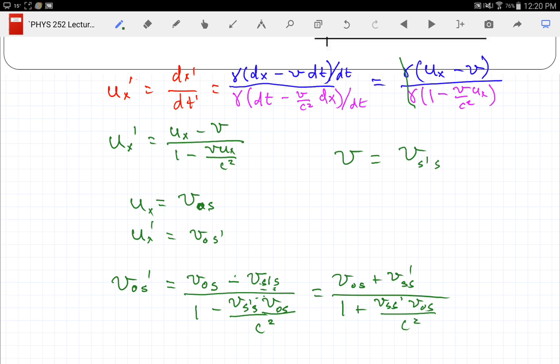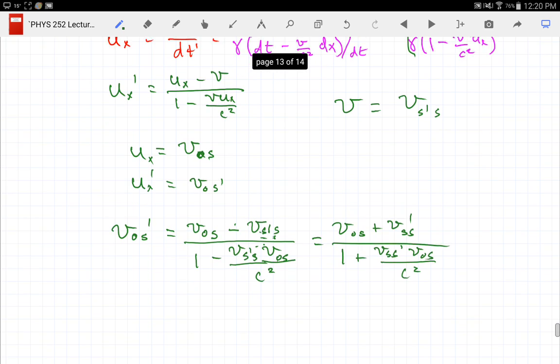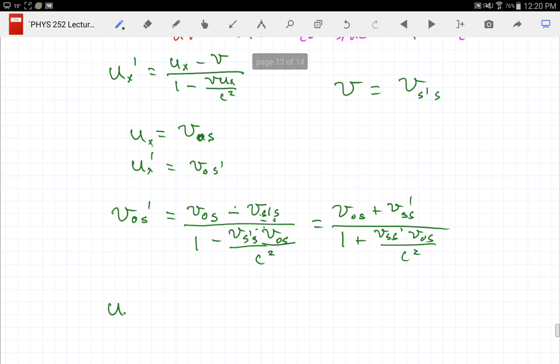And for my last trick, because we're out of time: uy prime equals. We did not have in the other class what the velocity of something moving in the y direction is going to be. I have reference frame S prime, and something in S prime that's moving in the y direction, perpendicular to the motion. I'm asking what that velocity is going to be in my unprimed frame. If it was distance, it would be the same.